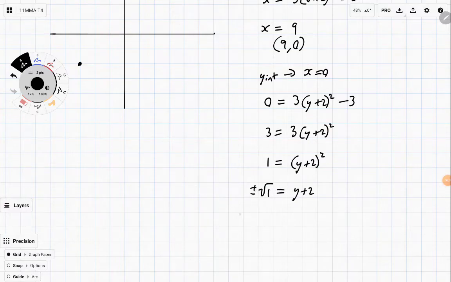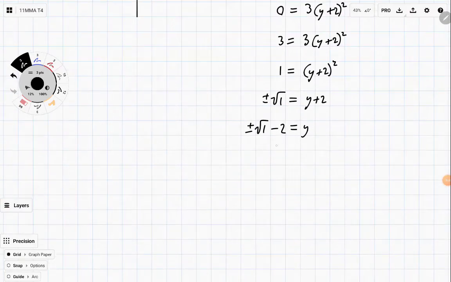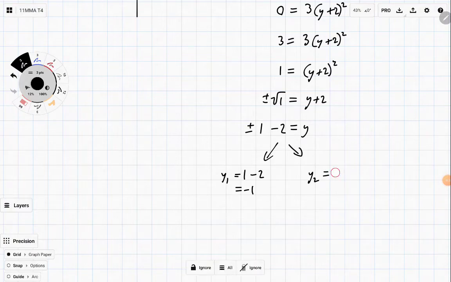Square root of 1 is 1, and we get 2 solutions. So we get 1 minus 2, negative 1, and we also get negative 1 minus 2, which is negative 3. And so our two y-intercepts are going to be (0, negative 1) and (0, negative 3).